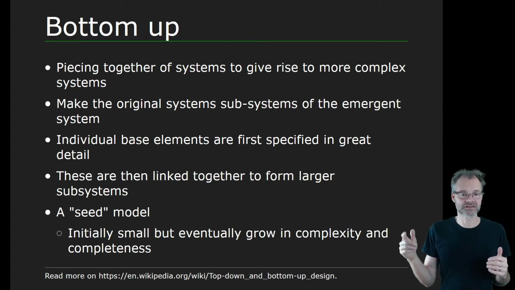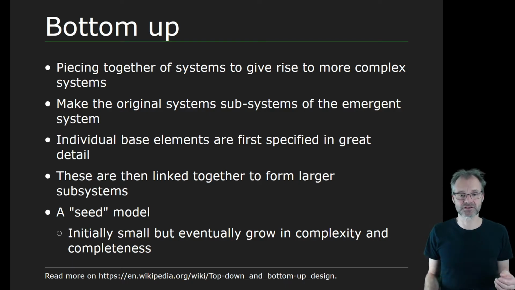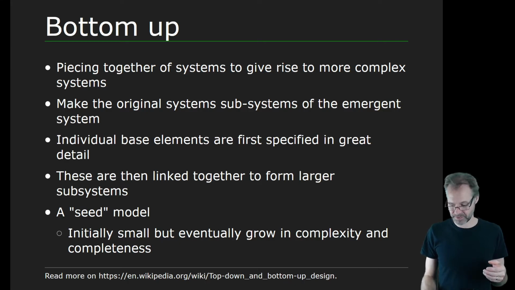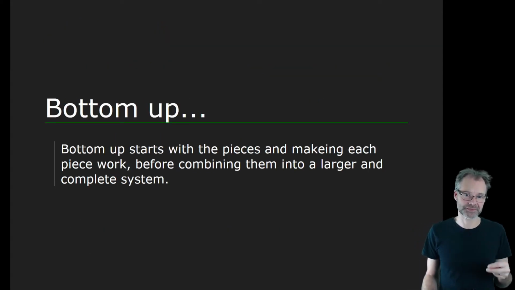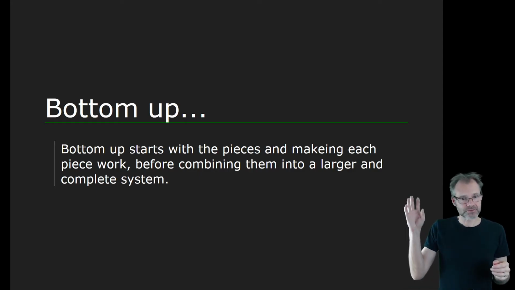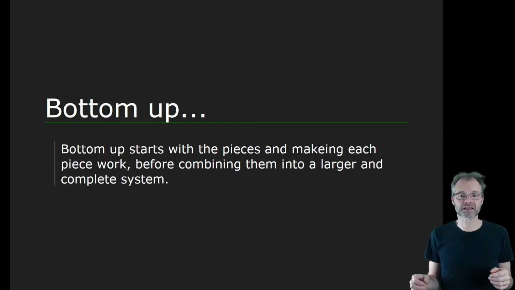So we can call it the seed model. We initially start with very small modules, but eventually it grows in complexity and completeness. So that is the bottom up. We have all the small pieces. So bottom up starts with the pieces and making each piece work before combining them into larger and complete systems.